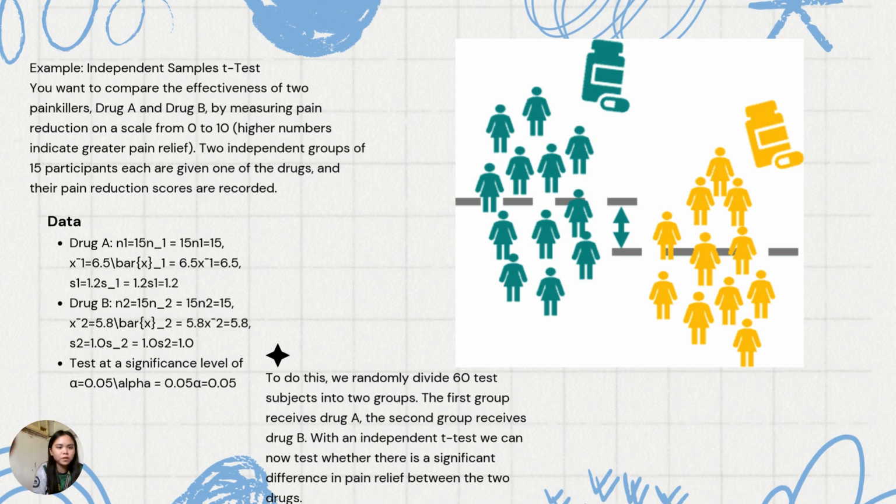Two independent groups of 15 participants each are given one of the drugs and their pain reduction scores are recorded. To do this, we randomly divide the 60 test subjects into two groups. The first group receives drug A, the second group receives drug B. With the independent t-test, we can now test whether there is a significant difference in pain relief between the two drugs.